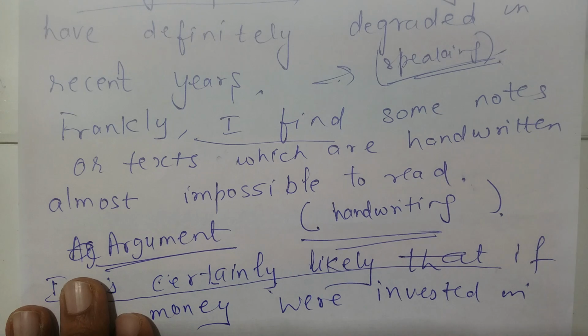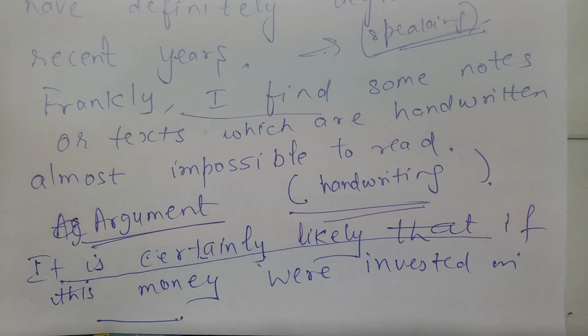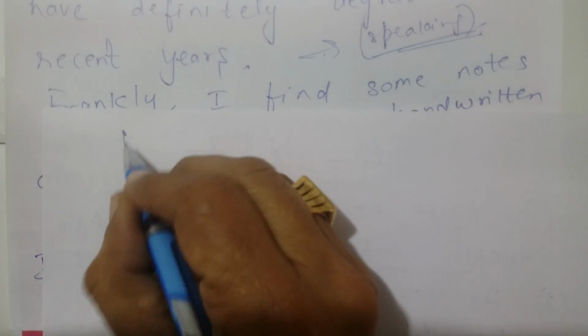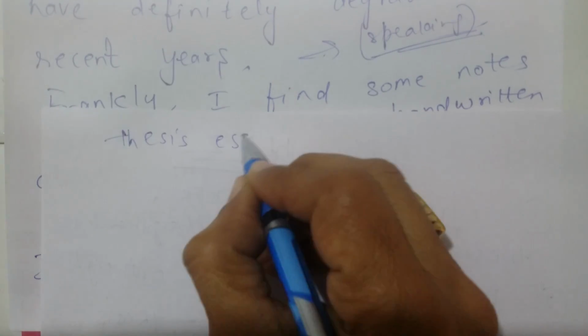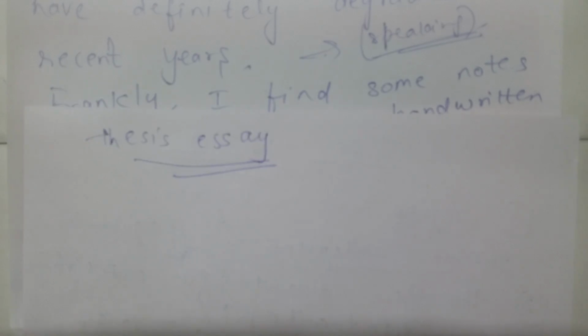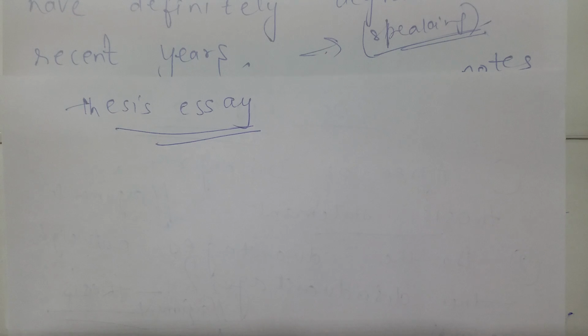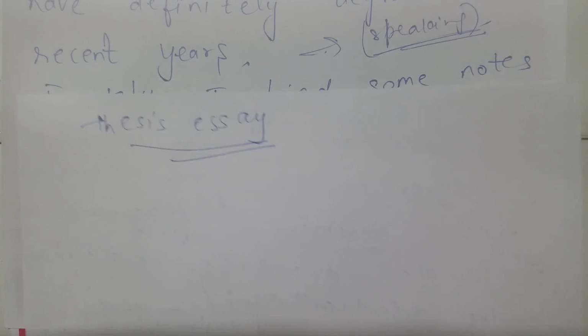Now let's go to page number 3, because I have to do some more work. Now, while going with the thesis essay, suppose I have to write a thesis essay, right? So what kind of language I have to use, that I told you.